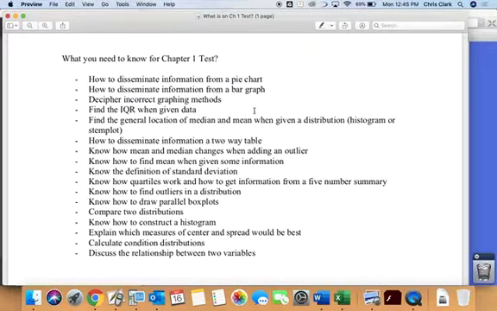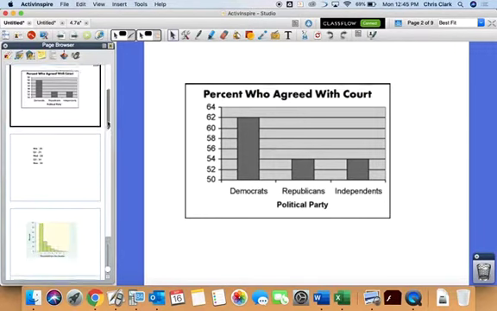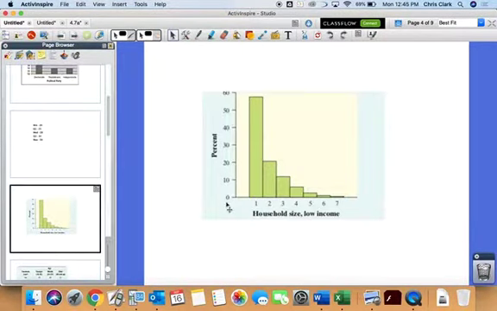Finding the general location of median and mean when given a distribution. I'll give you either a histogram or a stem plot, and you'll have to decide where the mean and median are. So I'll give an example of what this looks like. I'm going to draw a couple of lines, and I'm just guesstimating here.